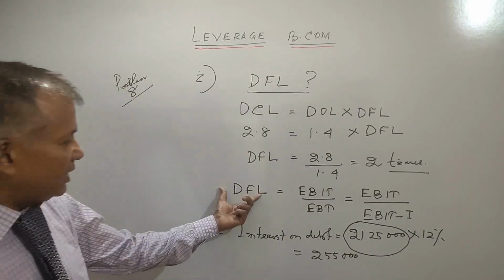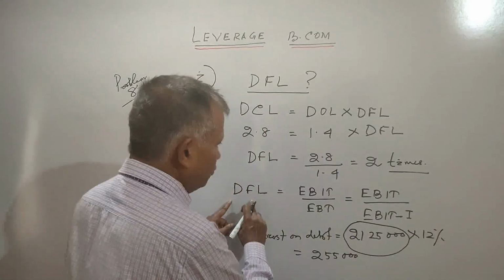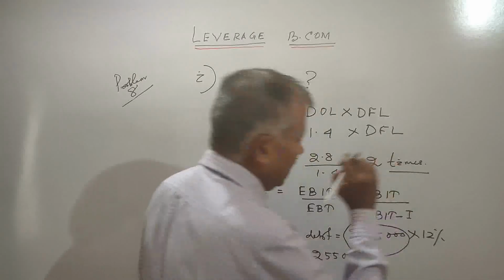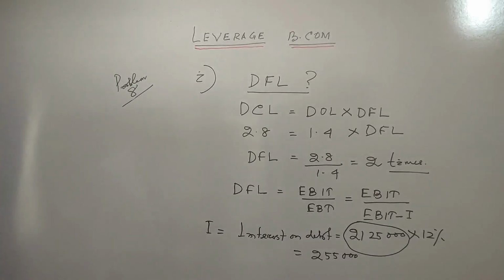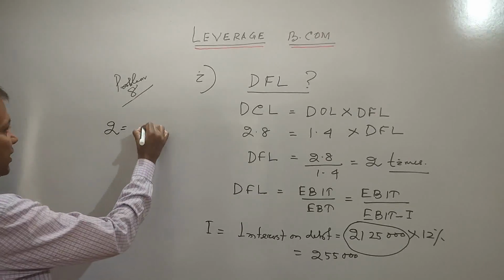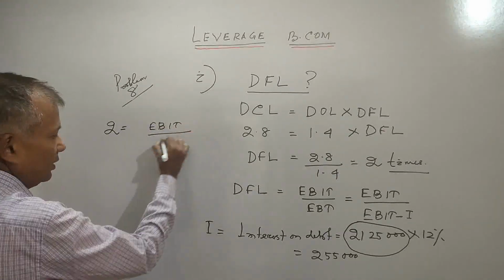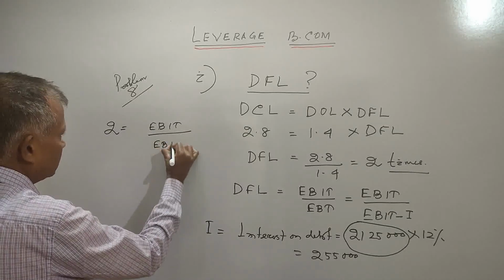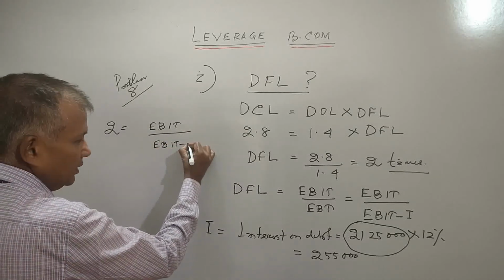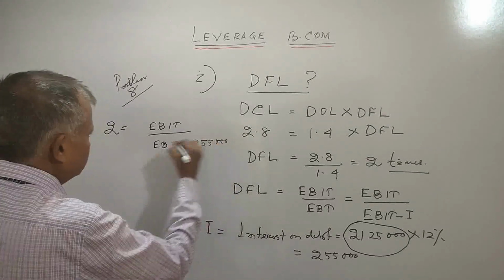We know the DFL, we know the interest. If we put this, we can find out the EBIT. So DFL is equal to 2, EBIT we do not know, right? But we know the interest, 2,55,000.